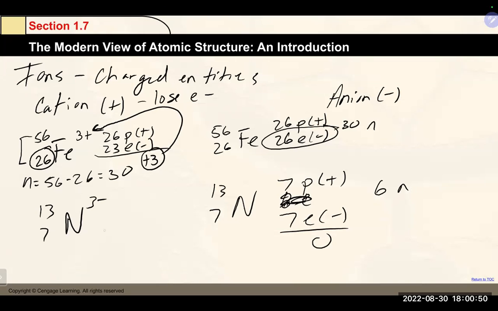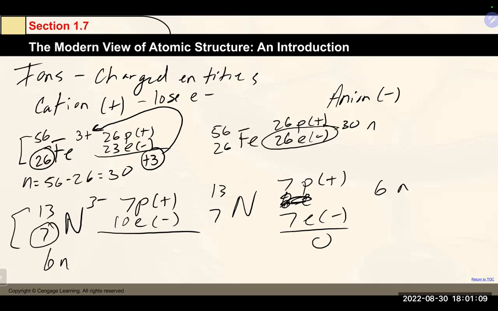So once again here, this would obviously have 7 protons. It will also have the difference there of 6 neutrons by taking 13 minus 7. And in this case, it does have a negative charge, so it actually has more electrons. It has 10 electrons, 10 negatives and 7 positives, which leaves us a -3 left over.